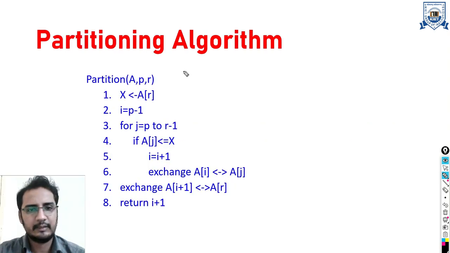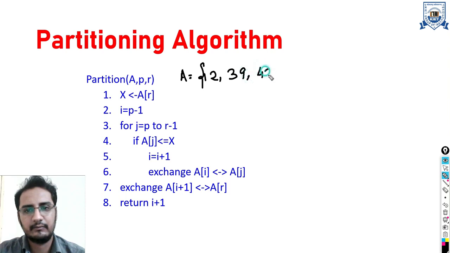Now let's demonstrate the partition algorithm by taking an example. Suppose we have an array A. The array consists of numbers like 12, 39, 42, 33 and say 15.